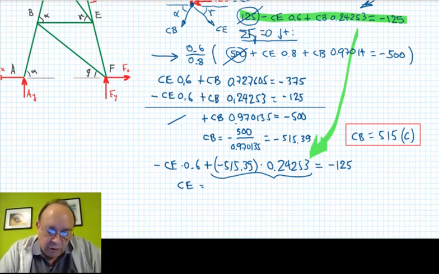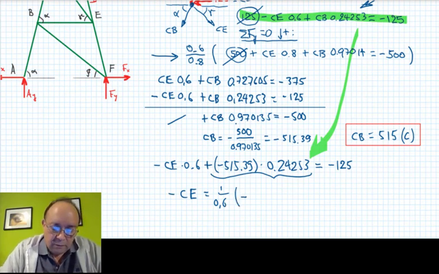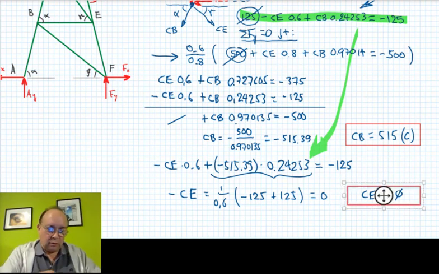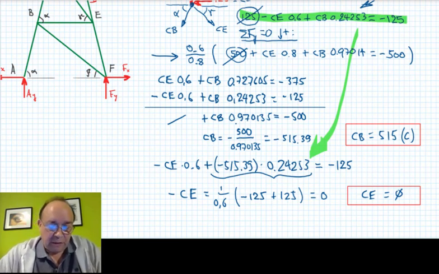So negative 125 here and positive goes positive to the other side. So we have CE equals 1 over 0.6 times minus 125 plus 125 equals 0. So CE equals 0. That's not tension, that's not compression, it's just a part with no force.